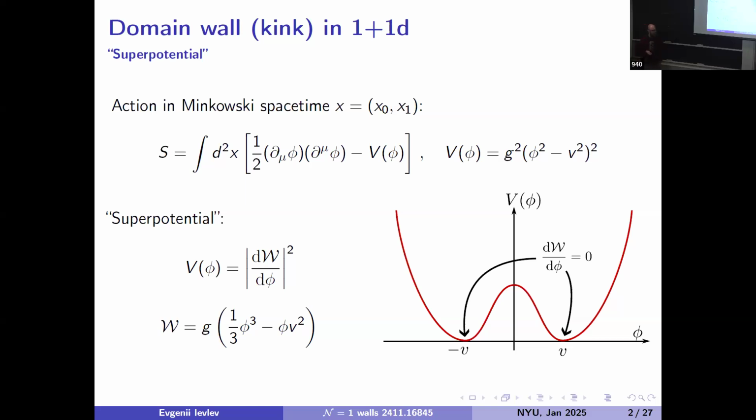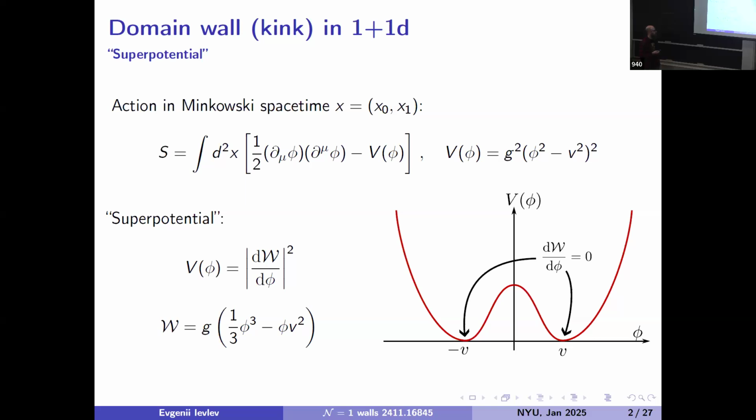and there is just some real scalar field with some potential. In this example, the quartic potential. If you take this potential, for example, the double-well potential, you know that there are kinks interpolating between one vacuum and another. In this case, note that the potential is non-negative, so it can be written down as a square of another function.